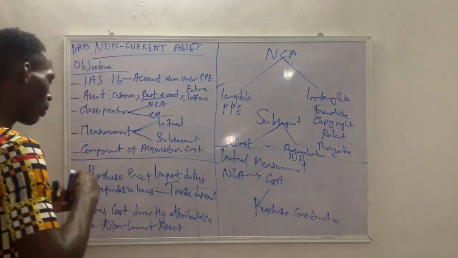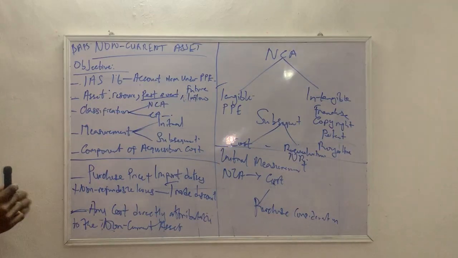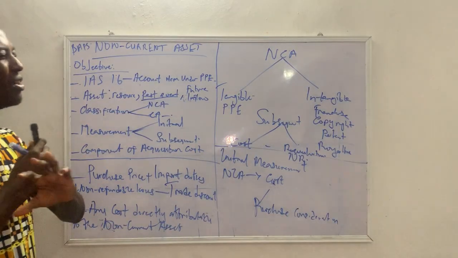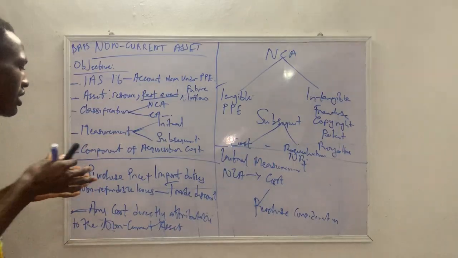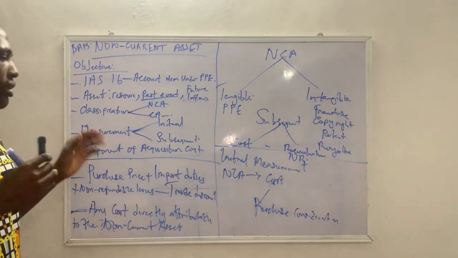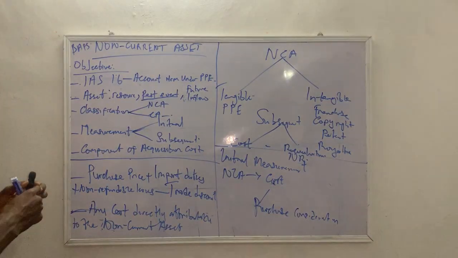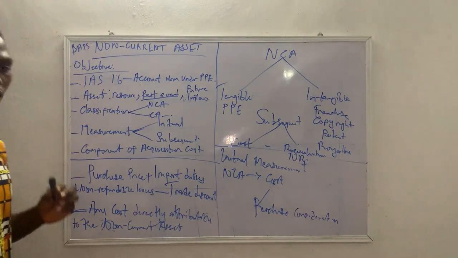Now, any other cost involved, it could be in bringing it, or the cost of installation and various other costs involved in making sure the non-current asset is in working condition, will be part of what? The component of our acquisition cost of non-current assets.